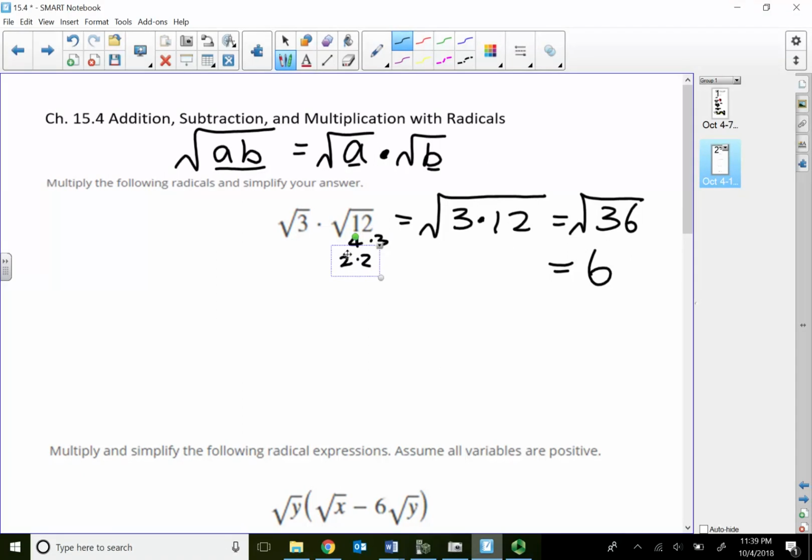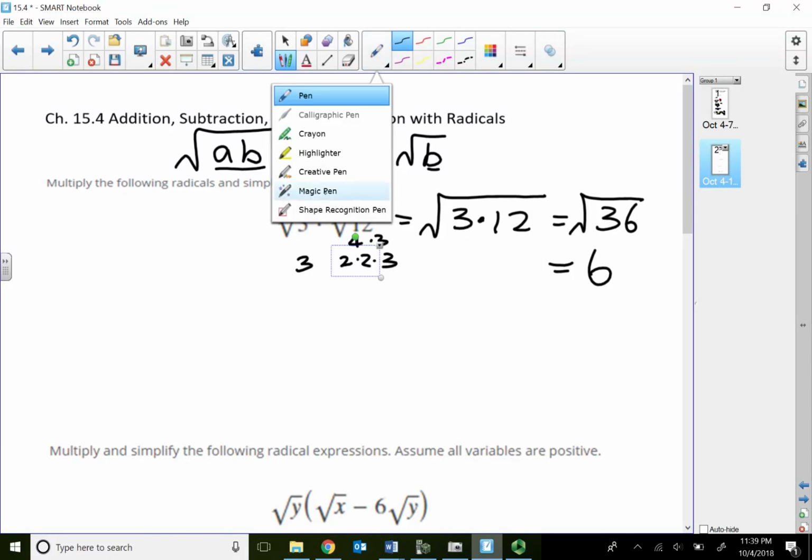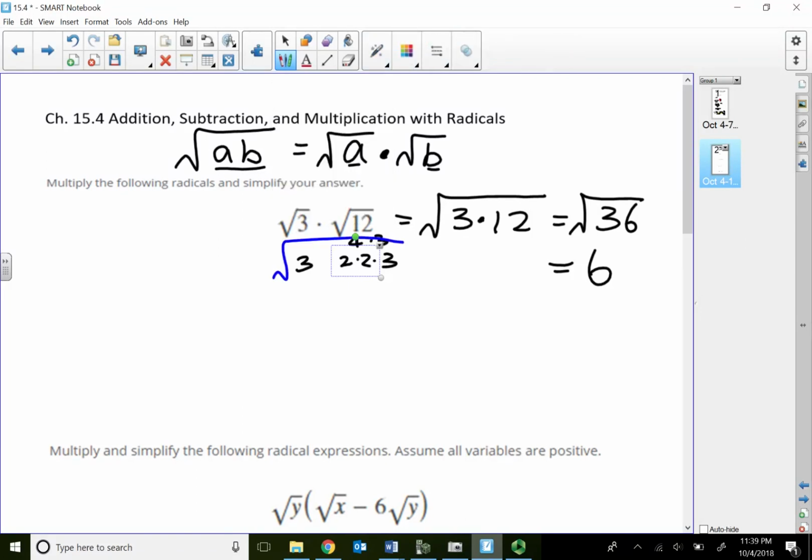So basically what I have under the root is two 2's and a 3, because technically I can write them all together under the same radical. Two 2's go outside as one 2, and the 3 goes out as another factor, so 2 times 3 gives me my 6. We can do it this way too, just by looking at it.